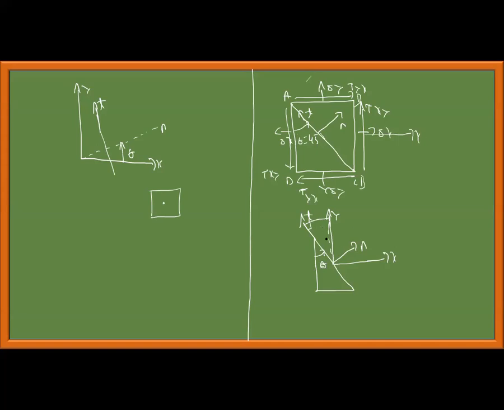This is 90. Theta, xy, which is perpendicular to this. This is normal. Give me a moment. This is theta, and this should be.